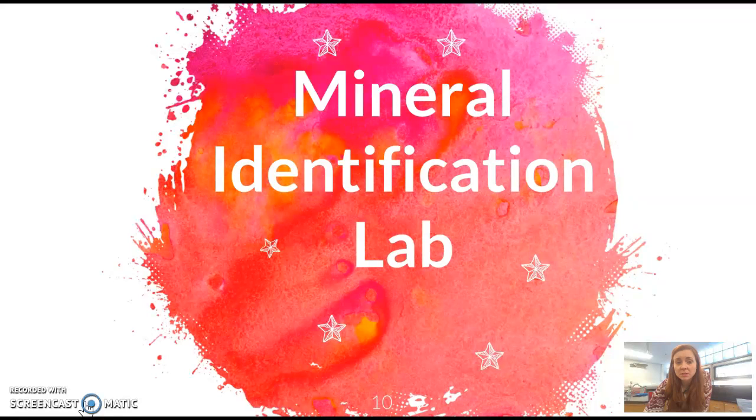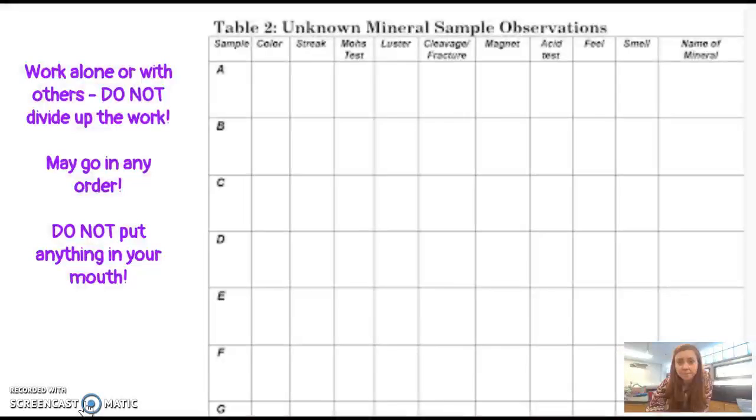So what I'm going to do now is explain how to do the lab, because hopefully some of you will get to that point today. On page 8 of your packet, you have a data table that looks like this. Your goal is to get started filling out this data table. What you'll have back in the lab are, I think, 12 minerals.